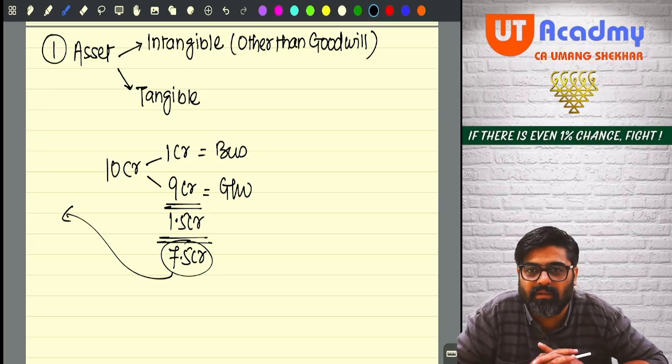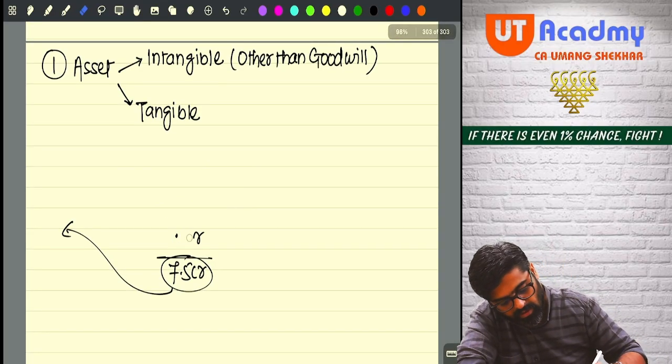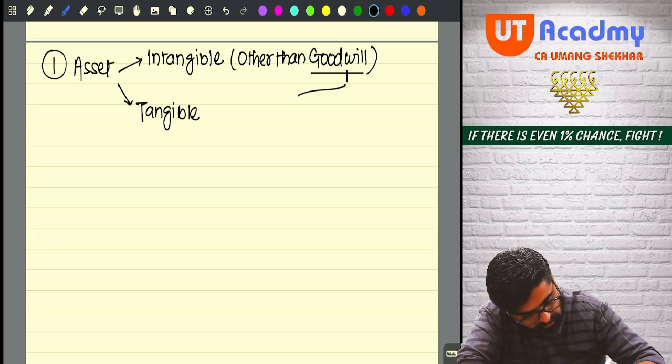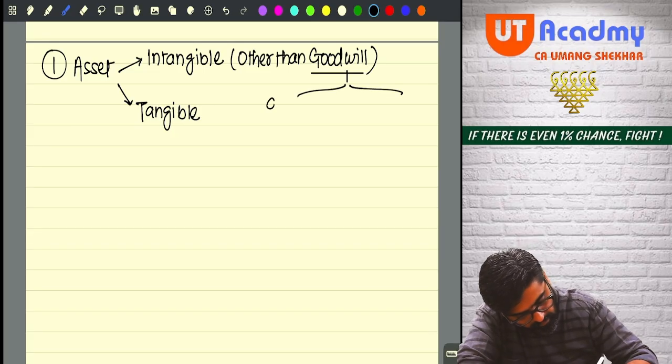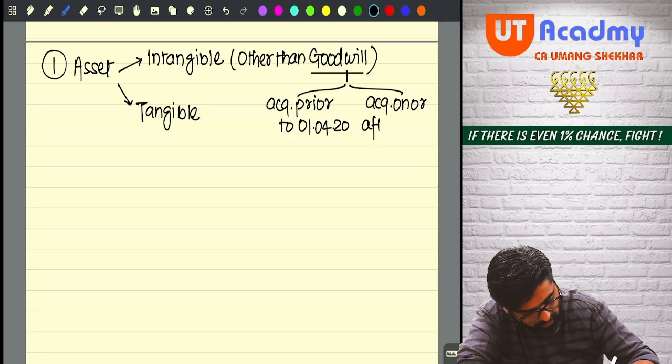Forget about that. So if I talk about goodwill, that goodwill was acquired prior to 1st April 2020, or it can be acquired on or after 1st April 2020.